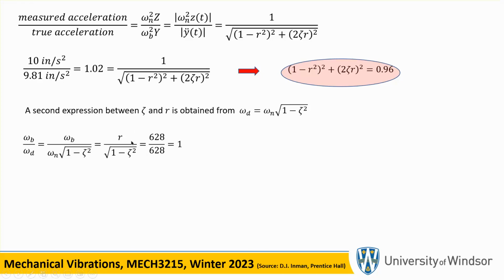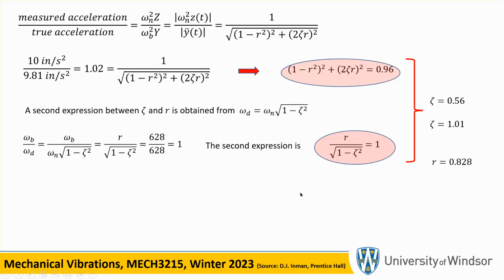We are told the wing vibration frequency is 628, I think in rad per second, if I'm not mistaken. And for omega d, we're told that the accelerometer we're interested in has a damped natural frequency of 628. So here is my second equation. One equation was the one on top, another equation is here. You have two equations and two unknowns.